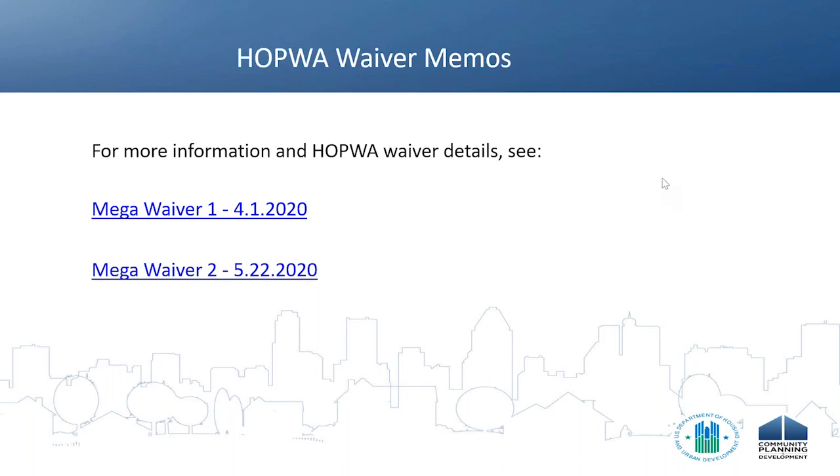This is Amy. So it's actually not a request process. It is a notification process for the waiver. So to use the waiver flexibility around inspections that was provided in the memorandum, the grantee must notify HUD through email that they're going to use the waiver, and there are email addresses set up for each CPD director, for each CPD field office.